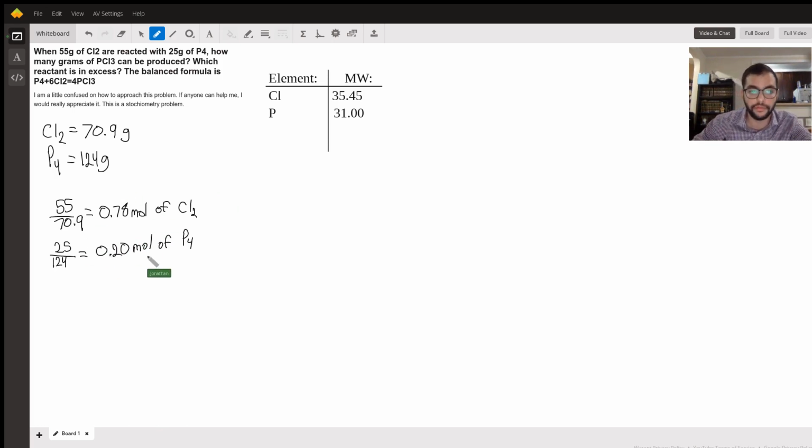In our original equation, we have one molecule of P4 with 6 Cl2 getting you to 4 PCl3. So if we're starting with 0.2 P4, it's 1 to 6, so there are 6 Cl2 for every 1 P4. 6 times 0.2 is 1.2. So if we start with 0.2 P4, we're going to need 1.2 Cl2.